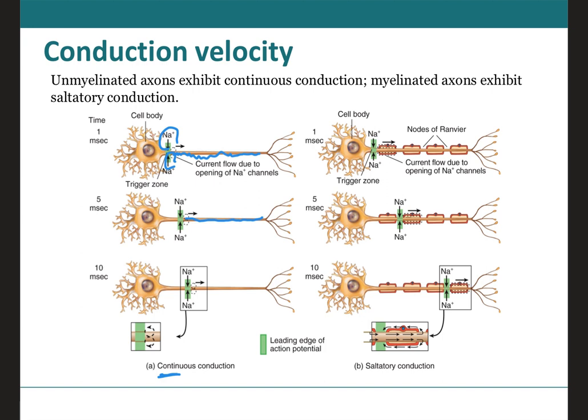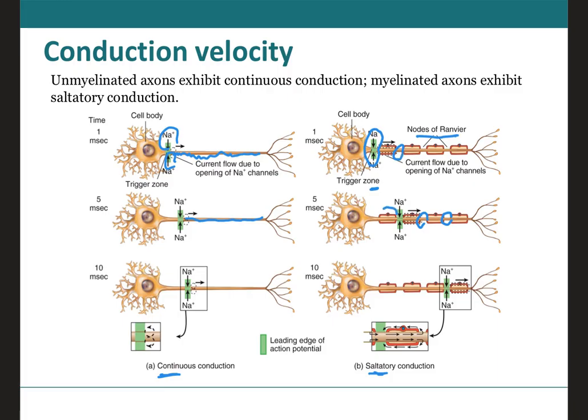On a myelinated axon, the conduction is what we call saltatory, which means that the exchange of ions only occurs in the spaces between the myelin, and these spaces are called the nodes of Ranvier. That's why it's called saltatory, because it jumps from this area over here, which is the trigger zone or the axon hillock, to the next node of Ranvier.